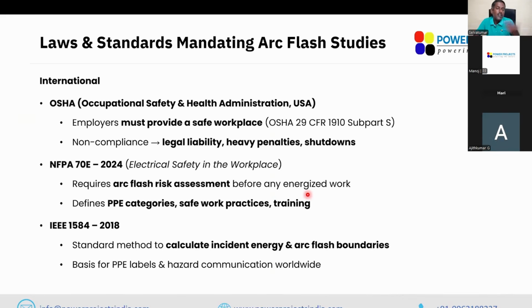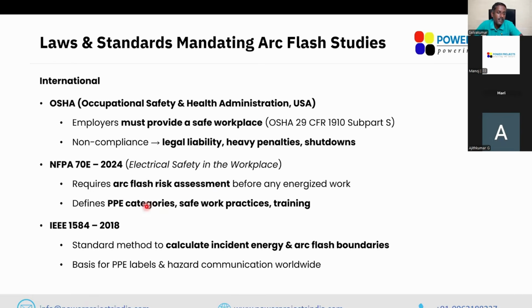So what do the laws and standards say? Under the Occupational Safety and Health Administration in the USA, employers must provide a safe workplace for their employees. Non-compliance results in legal liability, heavy penalties, and shutdown. NFPA 70E mandates arc flash risk assessment and defines PPE categories.